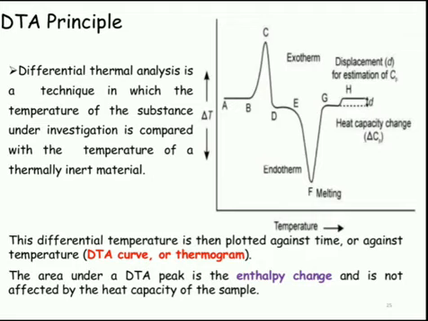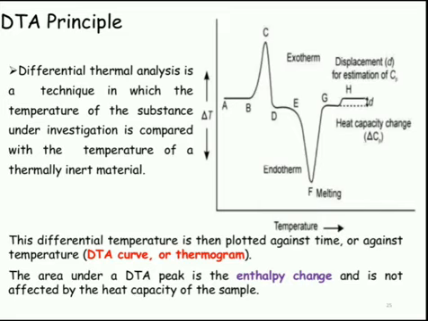Here there are two curves present in this thermogram. The one is exothermic, the other one is the endothermic curve. This differential temperature is then plotted against time or against temperature, that is called the thermogram, as we already discussed.